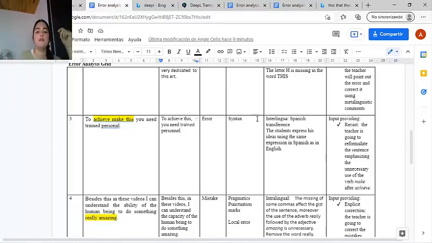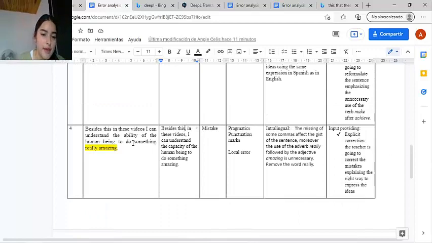The source of this error is interlingual. Why? Because this is related to Spanish transference. So the student expressed his idea using the same expressions as in Spanish, as in English. So, input providing, recast too. Why? Because the teacher is going to reformulate the structure of the sentence, and obviously he can emphasize the unnecessary use of the verb "make".